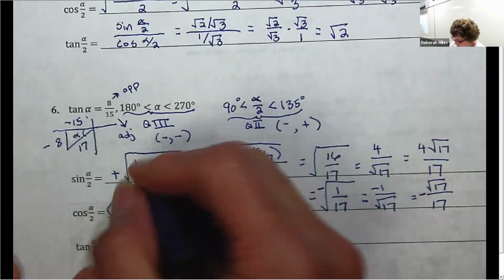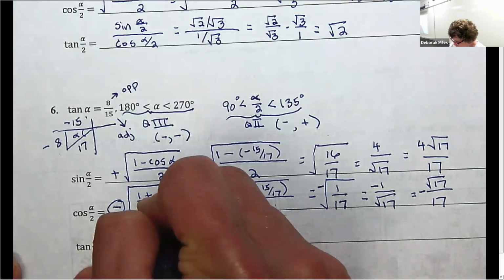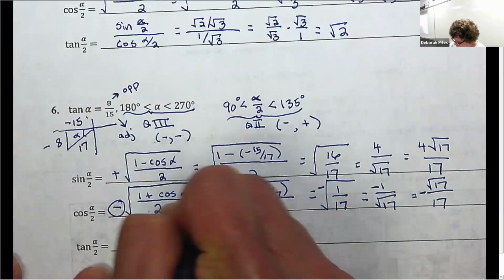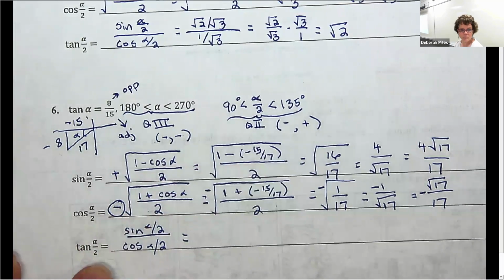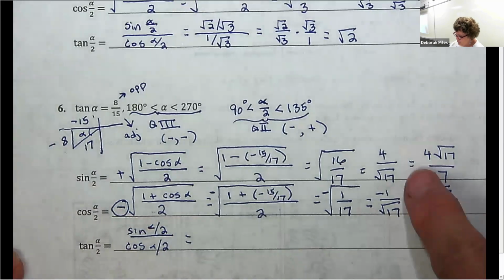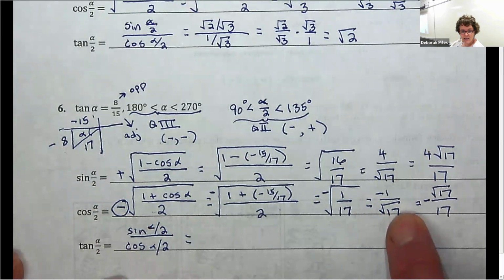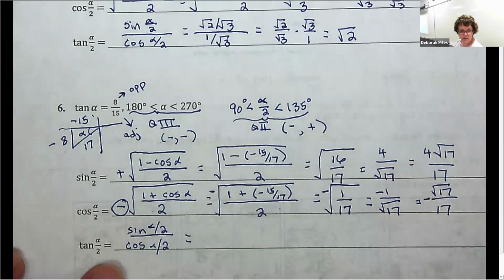And then for tangent alpha over 2, we'll just use sine of alpha over 2 divided by cosine of alpha over 2. And again, it's easier to use the form that we haven't rationalized, because I can tell if I put sine over cosine, the square root of 17s are going to cancel.